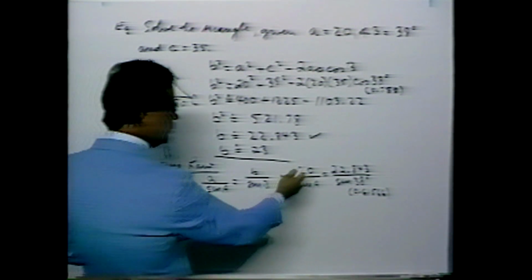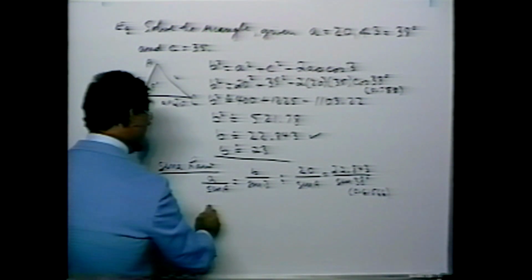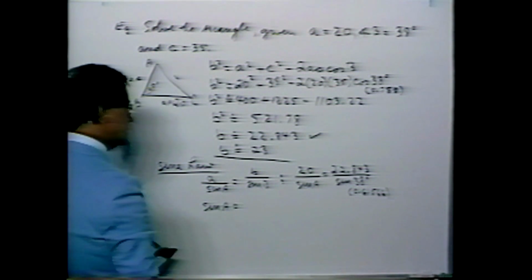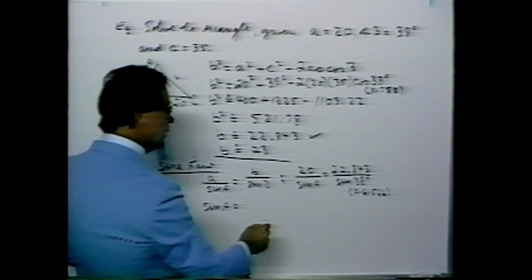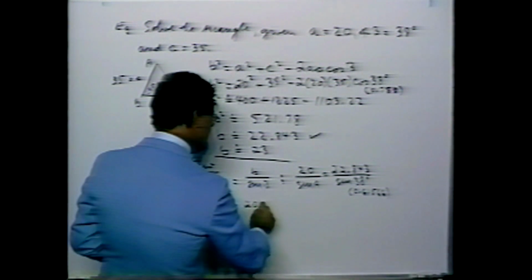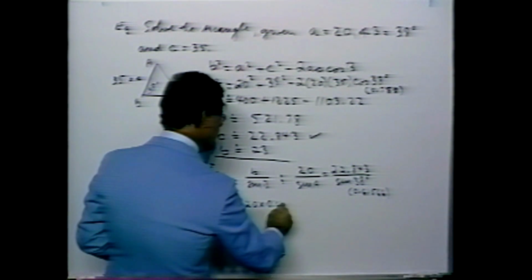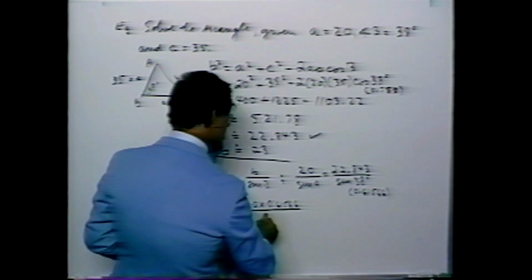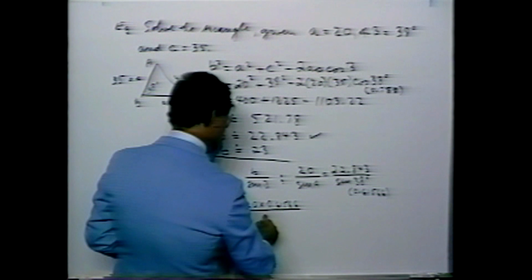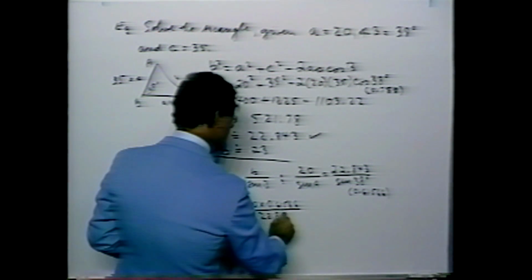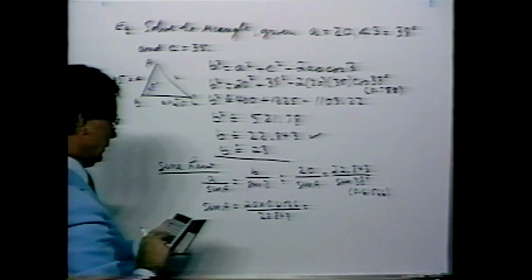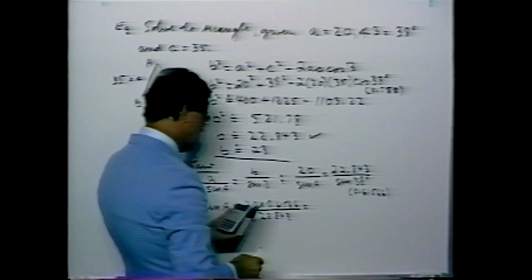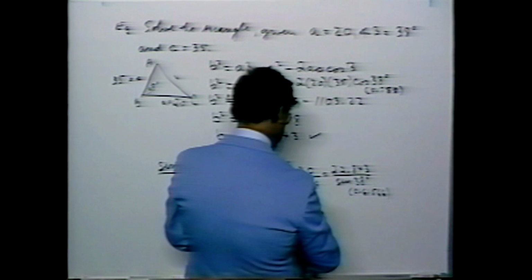If I solve for the parts that I have, I end up writing an expression for sine A. Sine A is going to equal 20 multiplied by 0.6156 and divided by 22.843. Working that out on the calculator, it amounts to 0.539 approximately.